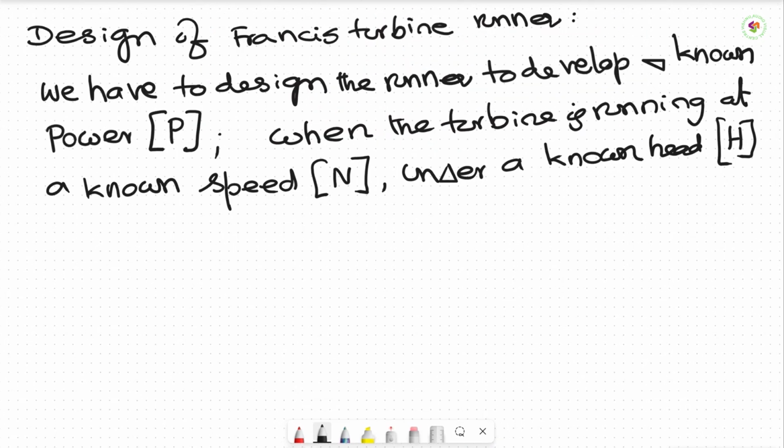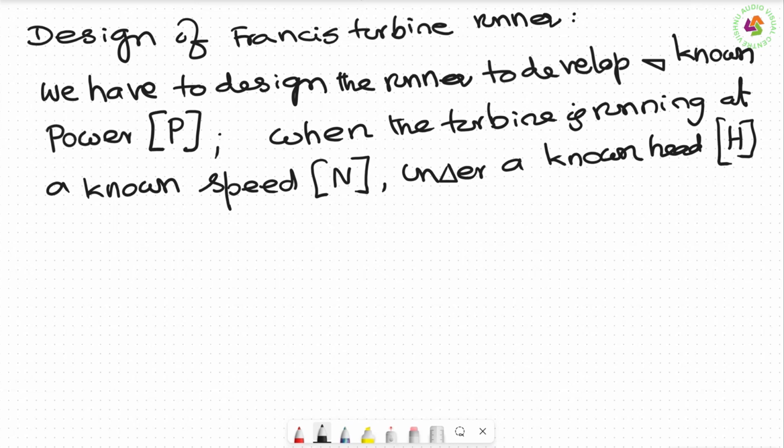So the design of the runner is to develop a known power, at a known speed, and the available head is also known. So these three parameters are known.